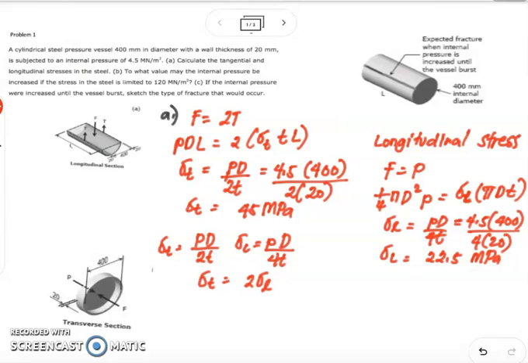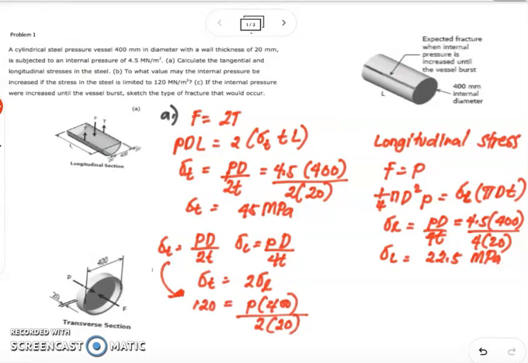So therefore, since the tangential stress is critical, we compute for our P based on the tangential stress formula. So we have 120 is equal to internal pressure times 400, which is the diameter, over 2 times our thickness, which is 20.